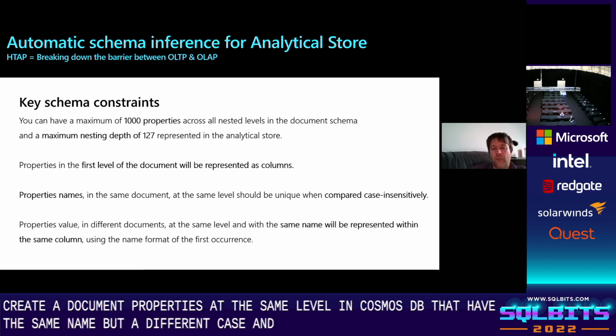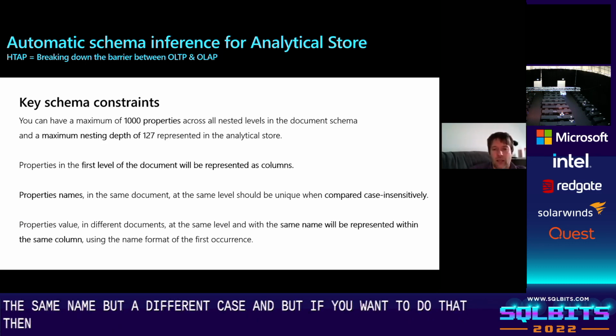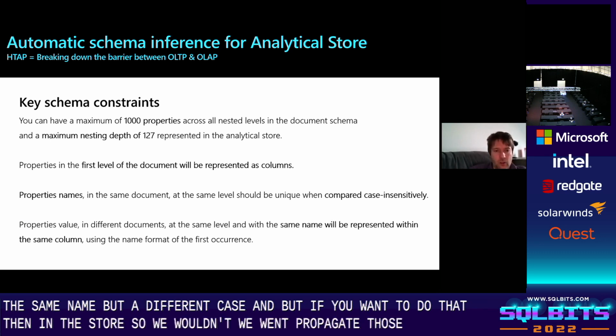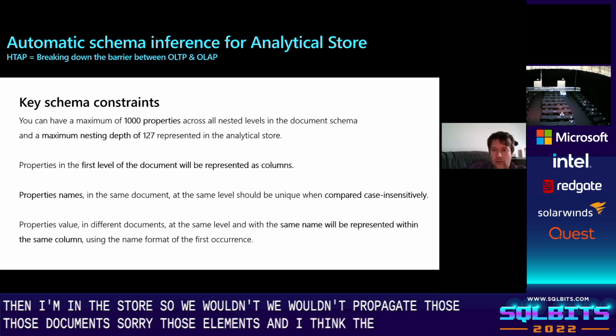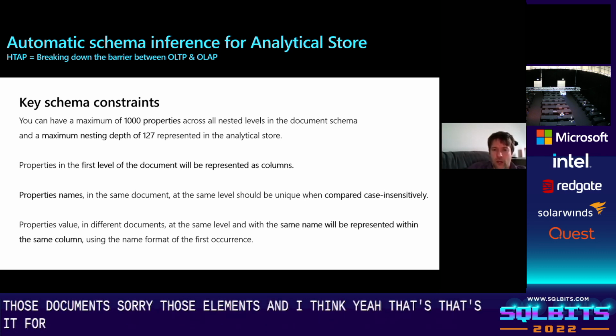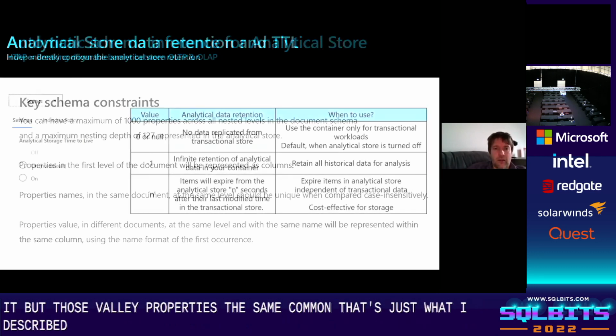But if you were to do that, then you'd be violating a rule in the analytics store, so we wouldn't propagate those elements. Property values in different documents at the same level with the same name will be represented with the same column using the name format of the first instance. And that's just what I described there, basically.